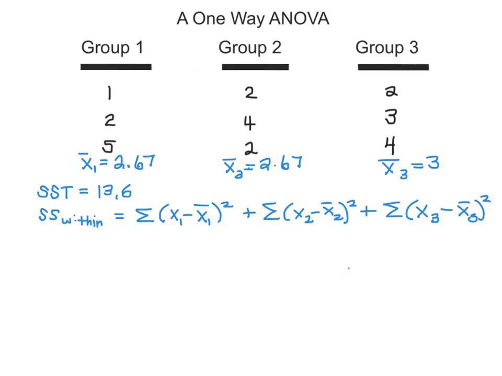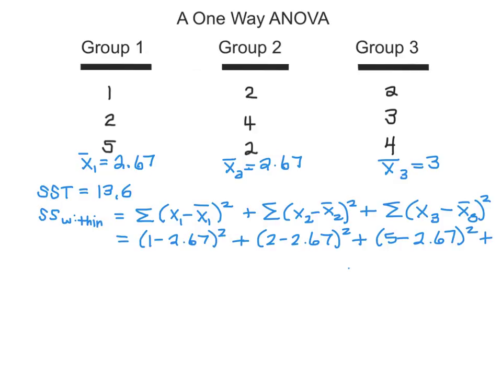And what do we get? Well, for the first one, we're going to take 1 minus 2.67 and square it. This is group 1. The second value in group 1 is a 2, so 2 minus its mean, 2.67, and square that. And then the last value from group 1 is a 5, and subtract the mean of 2.67 and square that.